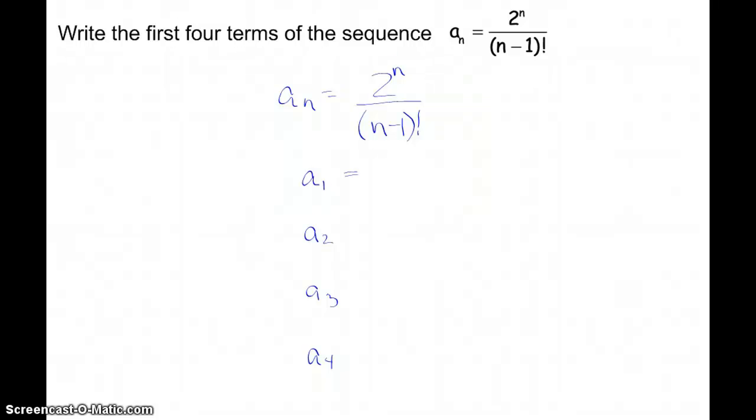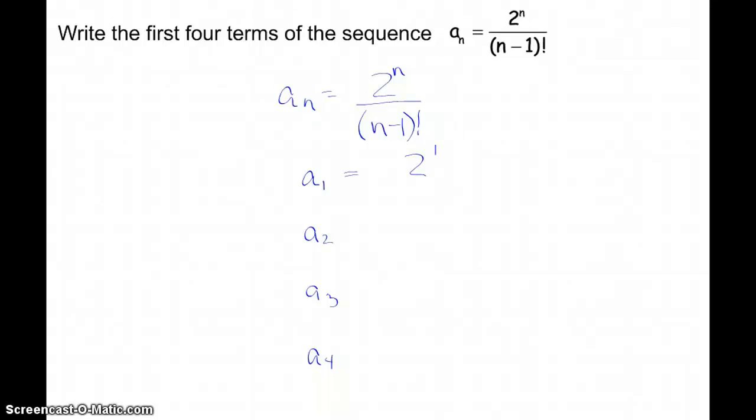All right, write the first 4 terms of the sequence. A sub n equals 2 to the n over the quantity n minus 1 factorial. So let's do that. A sub n equals 2 to the n over n minus 1 factorial. We want the first 4 terms of the sequence. We are not told to start anywhere, so we know we are going to start with n equal 1.